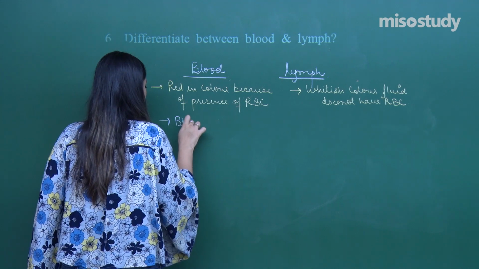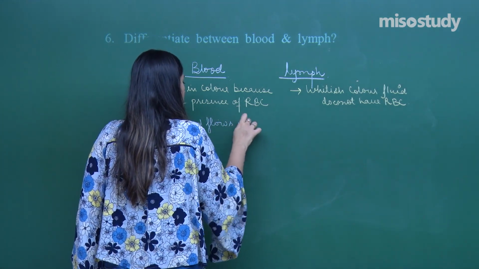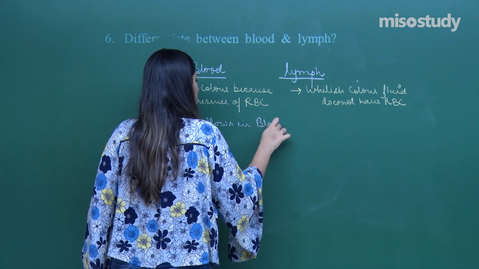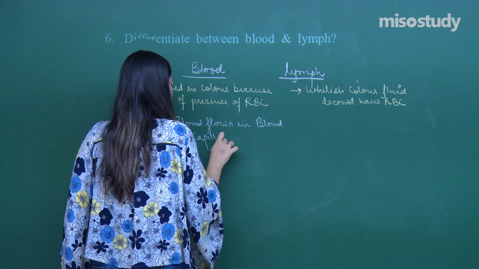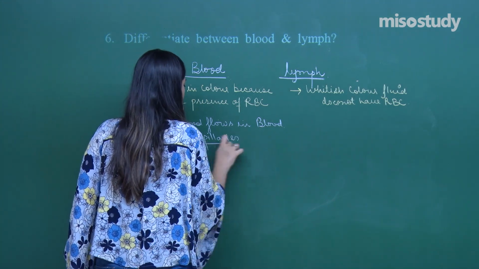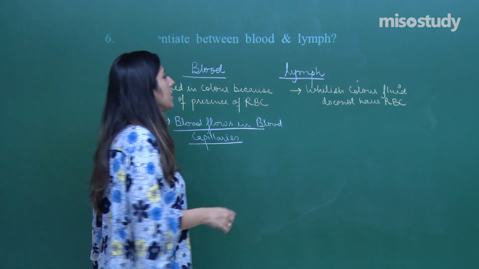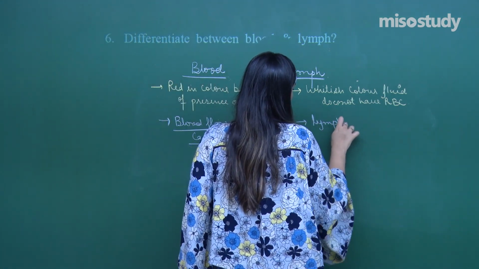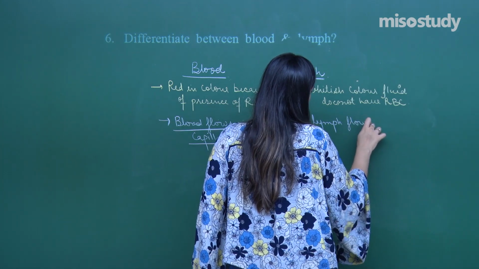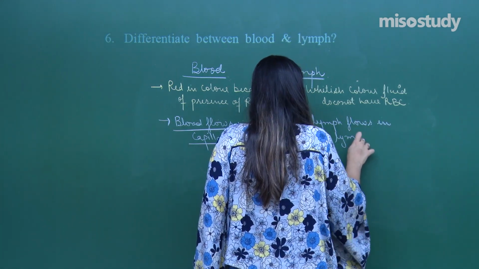Blood flows in blood capillaries, whereas the lymph flows in lymphatic vessels.